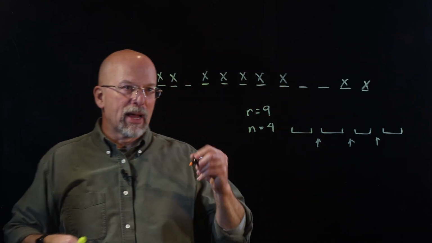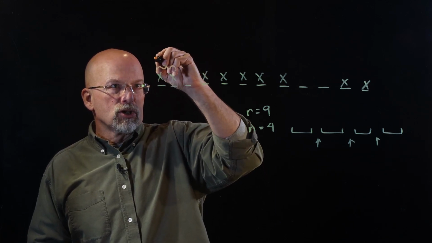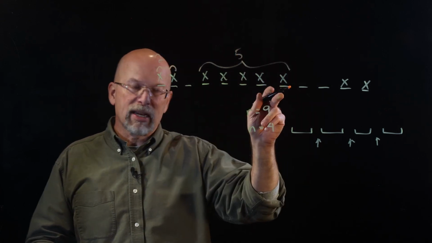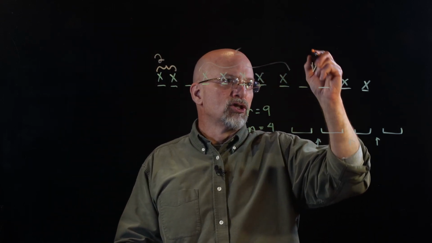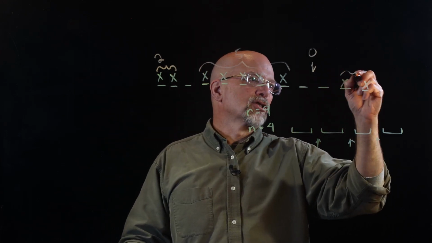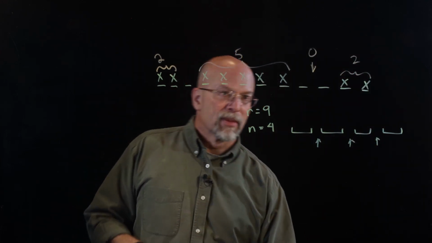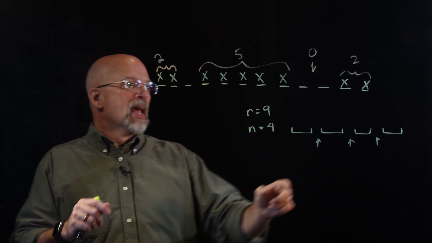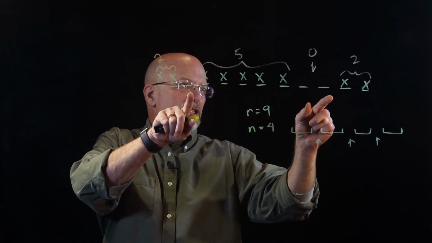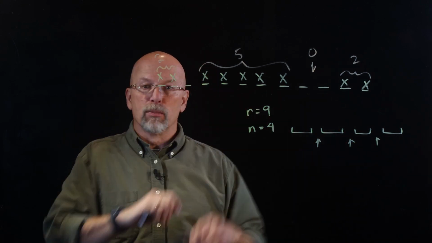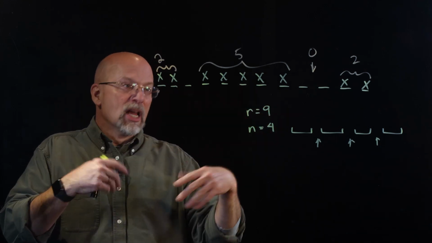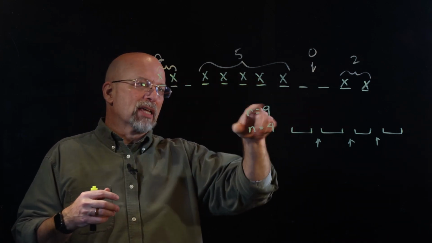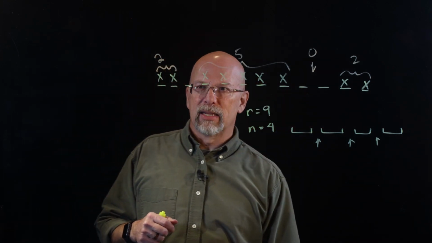If you look at my patterns here, I've got 2 from the first element of N, 5 from the next element of N, 0 from the third element of N, and 2 from the last element of N. This works because you can come up with any combination as long as I have blank spaces in between in order to define my groups. With the repetition, I should be able to come up with a unique pattern that represents that allocation of N to 9.